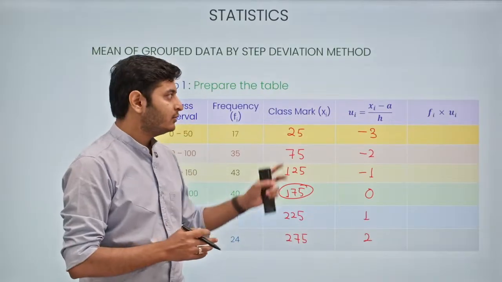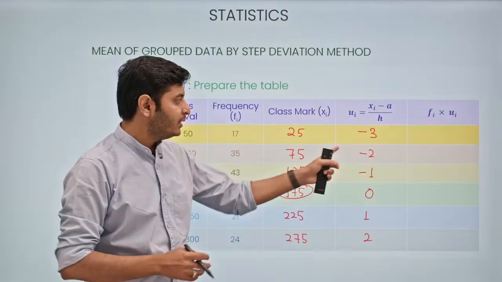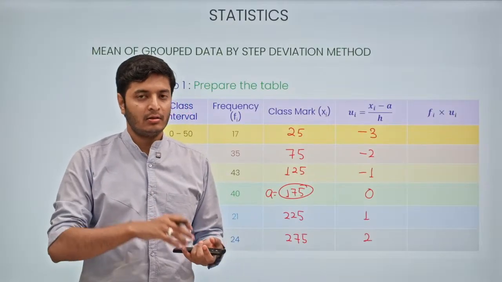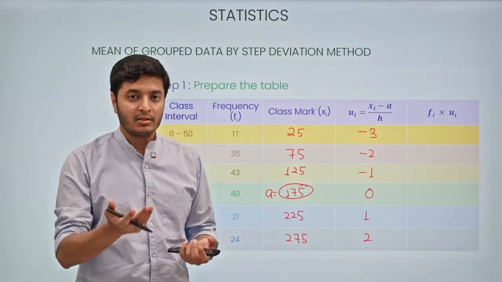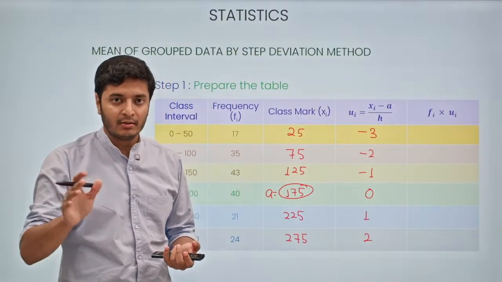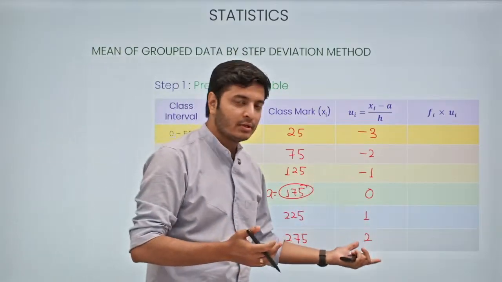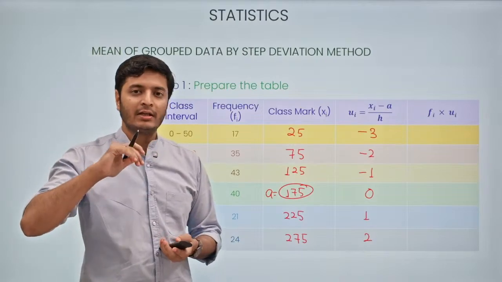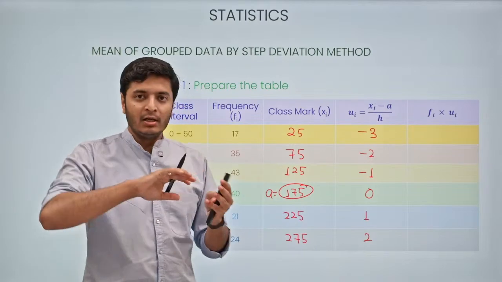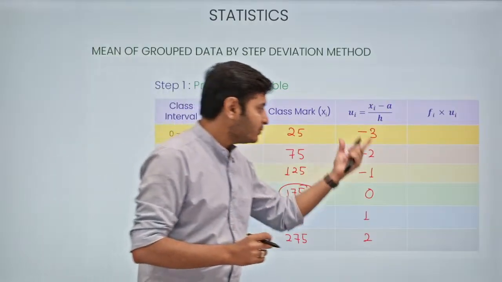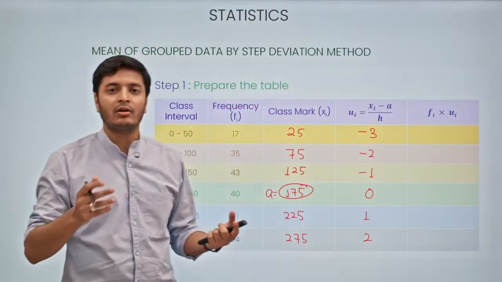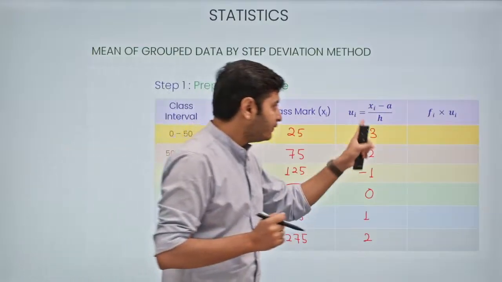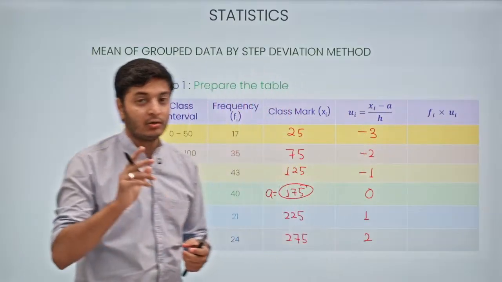If we would have calculated the values of di, then it would be around -150, -100, -50, like that. So bigger than these values. So that's why we are using step deviation. We are creating values which are smaller, so that we can ease our calculations.